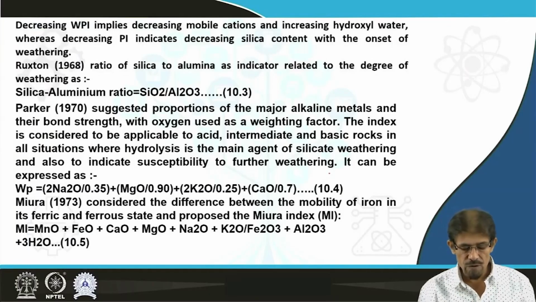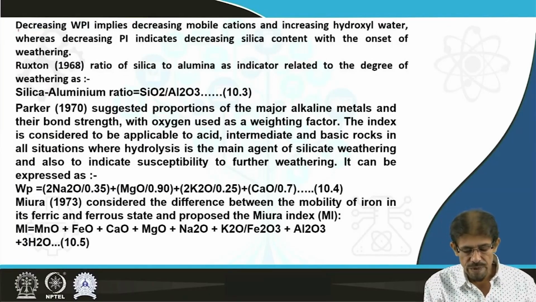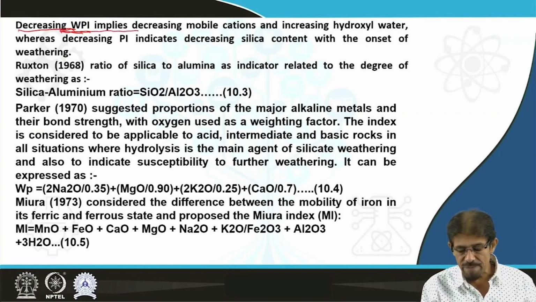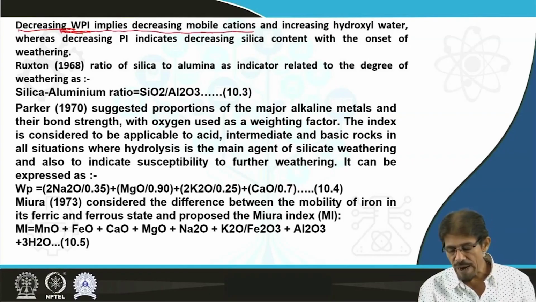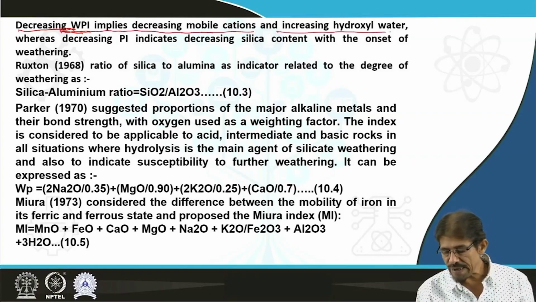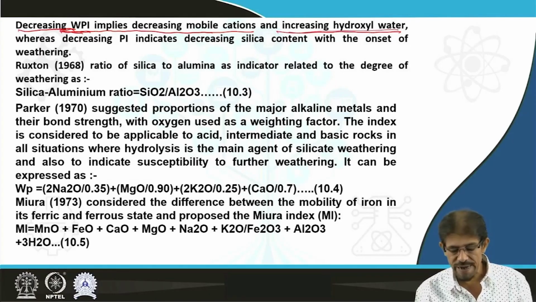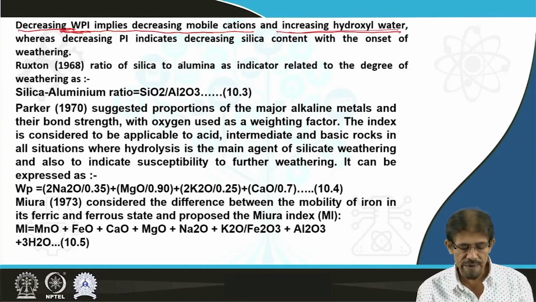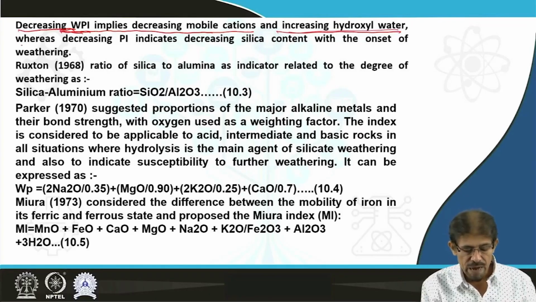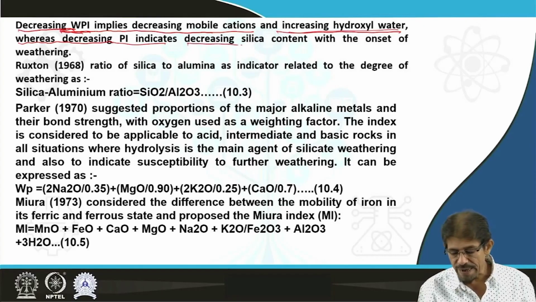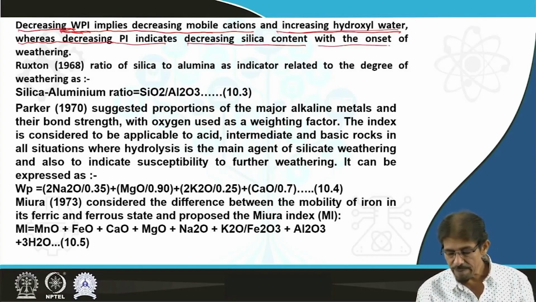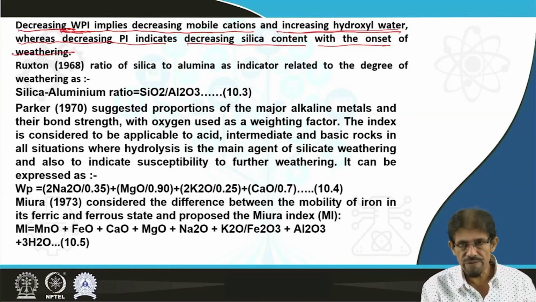Here we see that a decreasing weathering potential index implies decreasing mobile cations and increasing hydroxyl cations. Increasing hydroxyl cations means starting to promote weathering, whereas a decrease in PI indicates decreasing silica content with the onset of weathering.